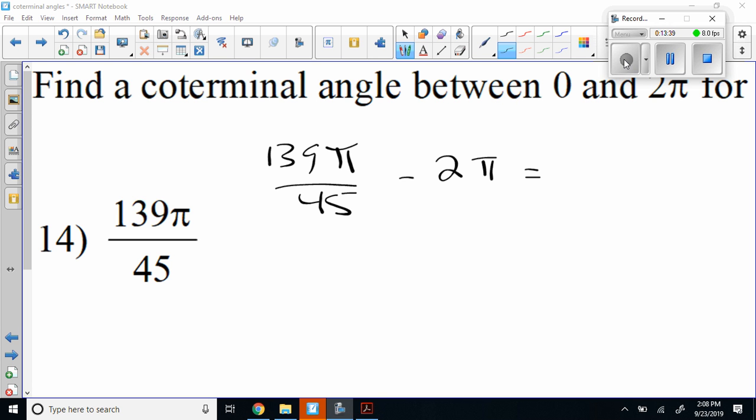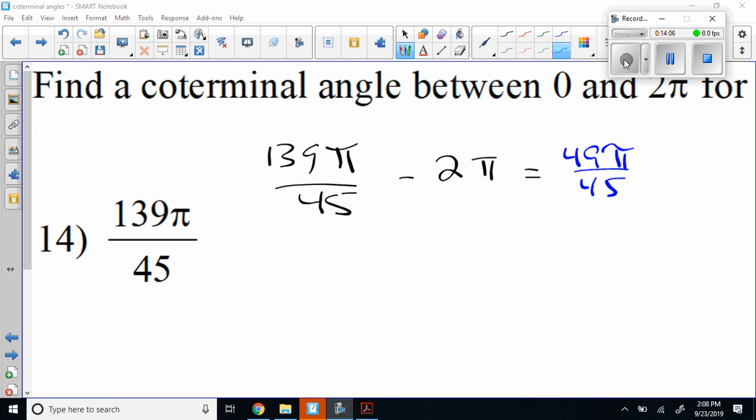So when I do that, what do I get? 139 pi over 45 minus 2 pi. 49 pi over 45? Okay, I think you're right.